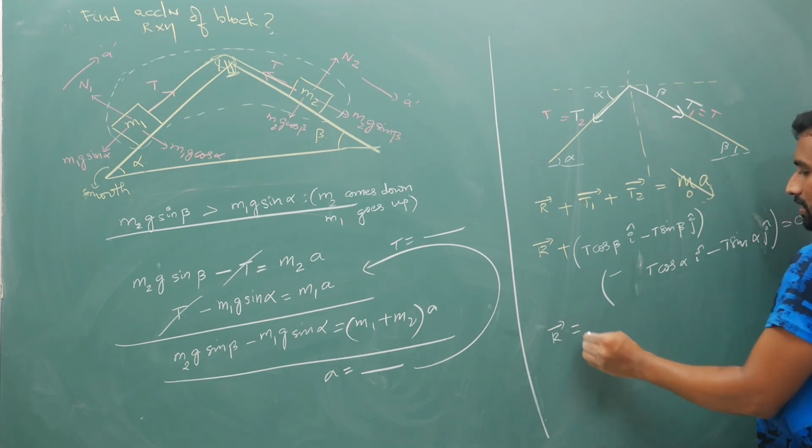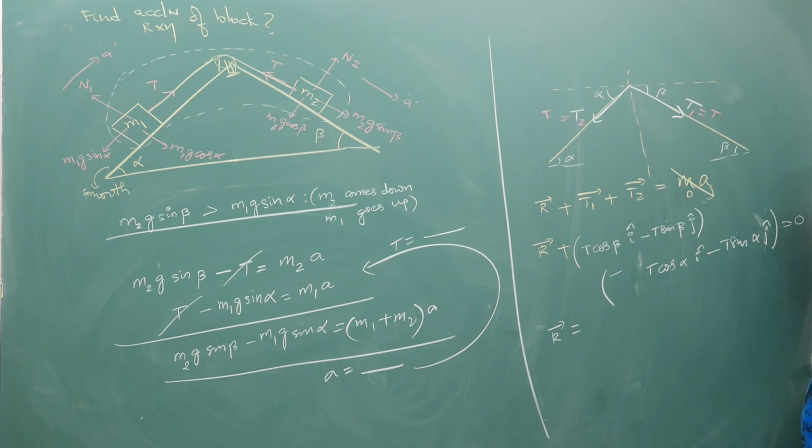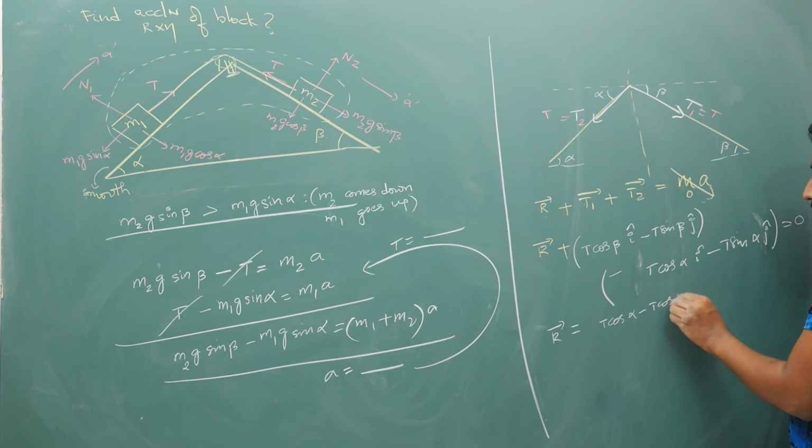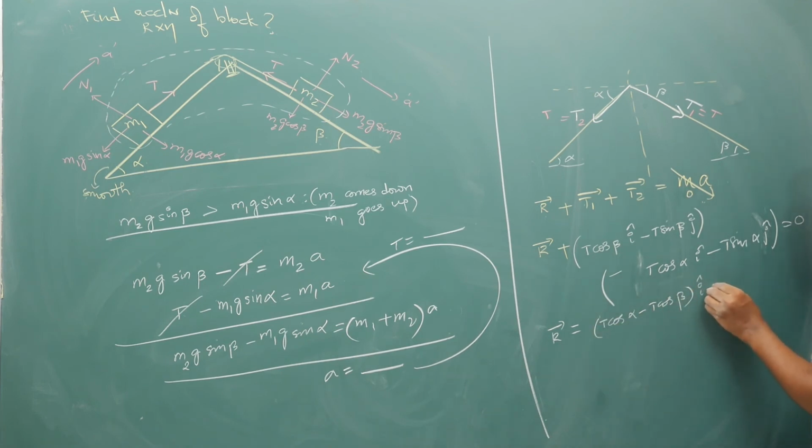From here your R bar is, okay, send it to the other side and simplify accordingly. So I think you should get (T cos alpha minus T cos beta) i cap, sending it to the other side, plus (T sin alpha minus T sin beta) j cap.